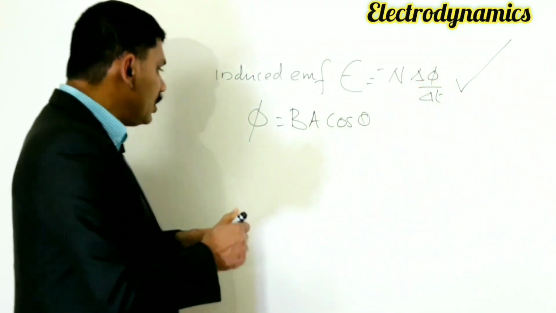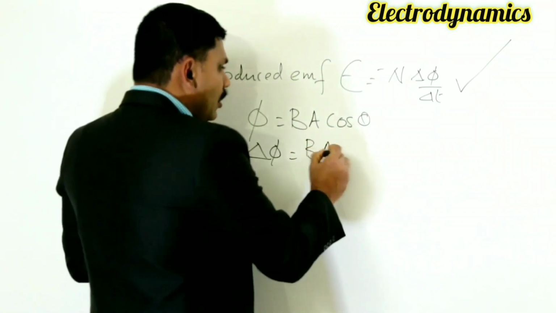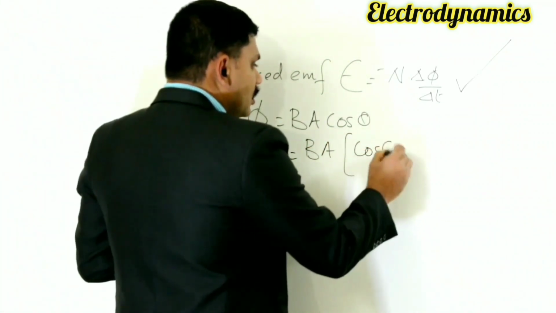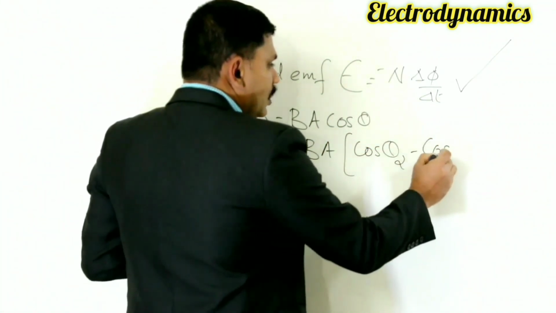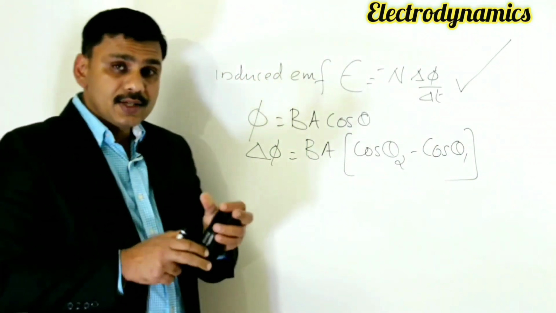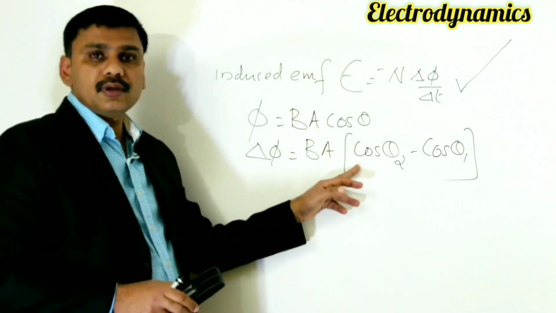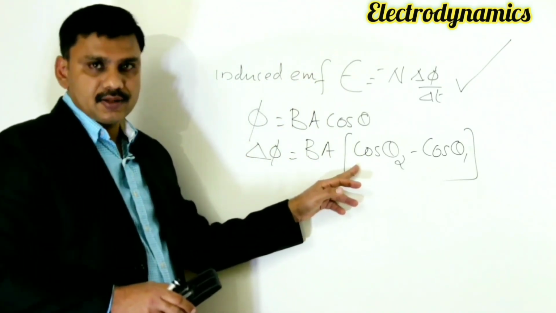Delta phi equal to BA, cos theta 2 minus cos theta 1. So that gives change in the magnetic flux.